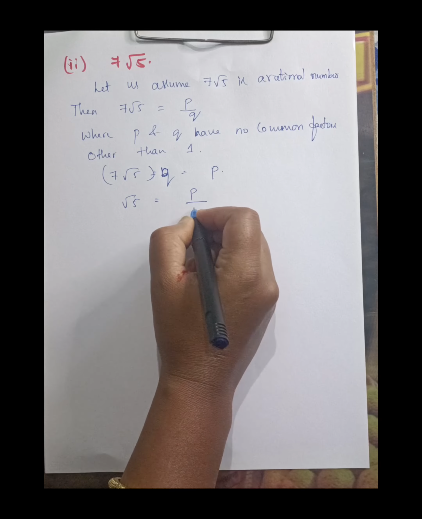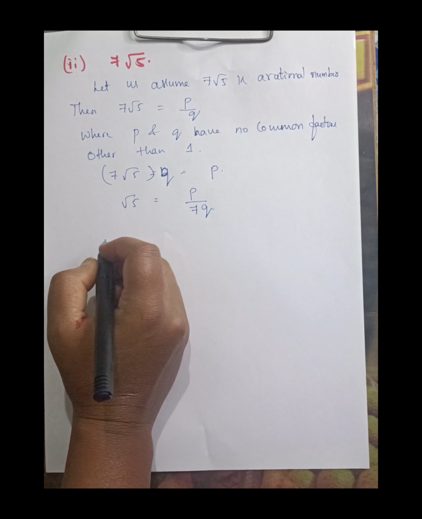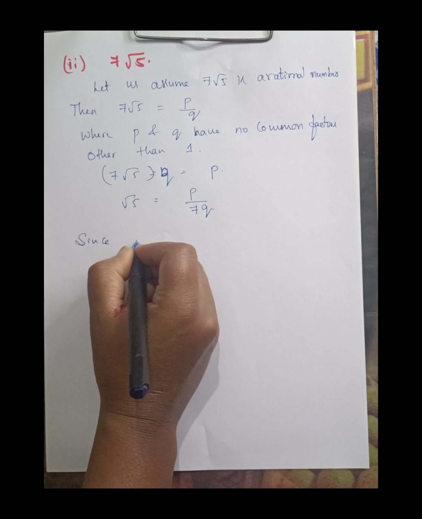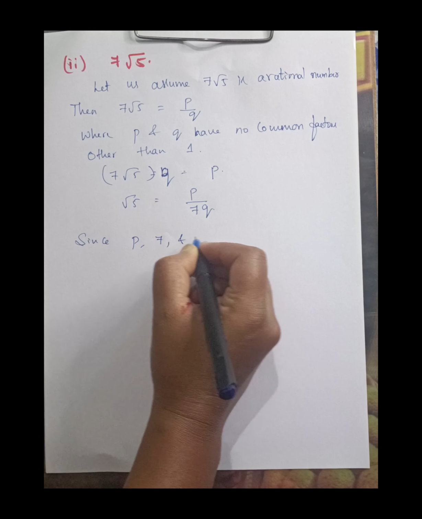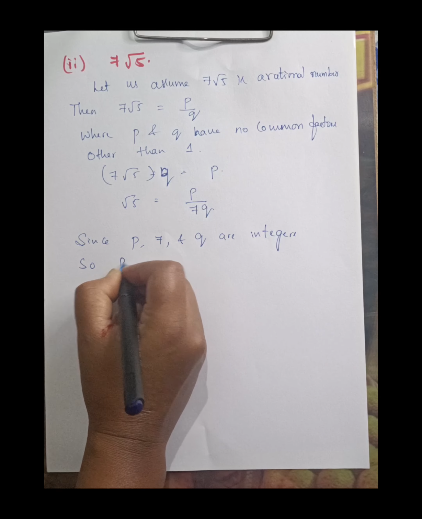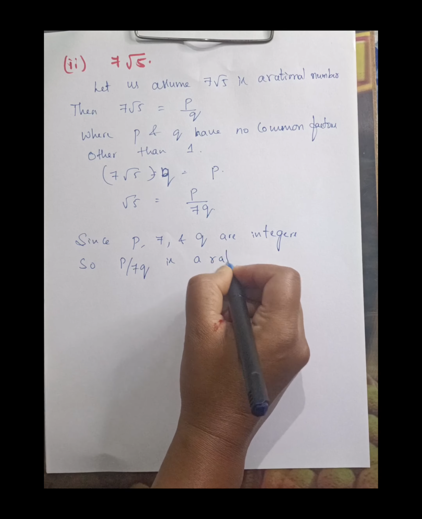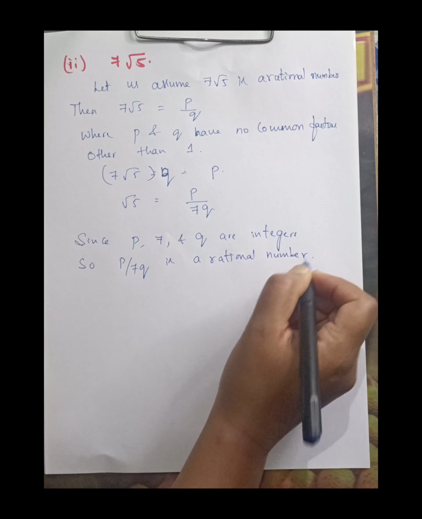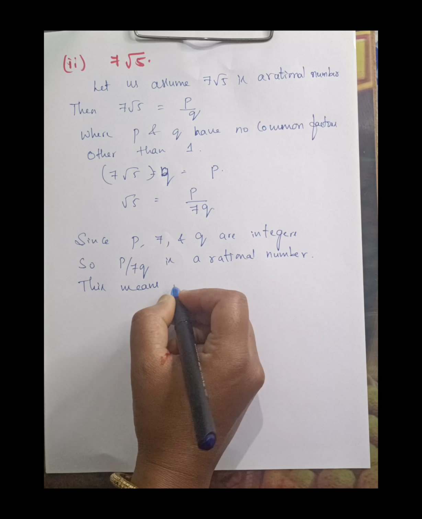Root 5 is equal to p divided by 7 into q. Since p, 7 and q are integers, p divided by 7q is a rational number.